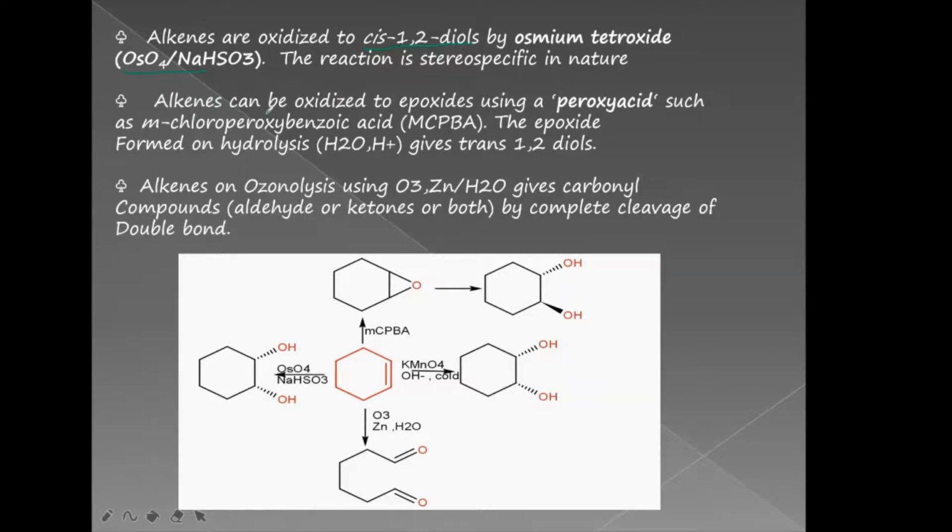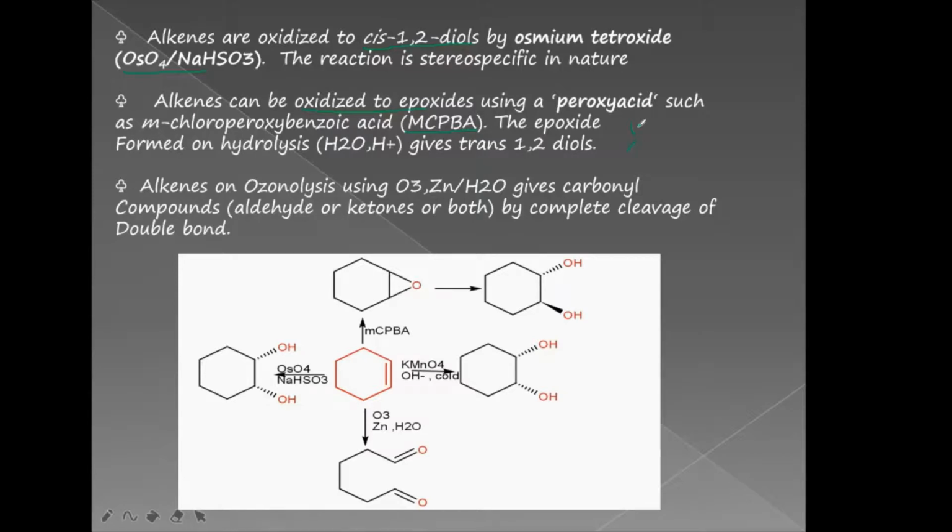Next, alkenes can be oxidized to epoxides. The first step is formation of an epoxide using MCPBA, which is metachloroperbenzoic acid. It is an oxidizing agent which will convert the C double bond C into an epoxide.